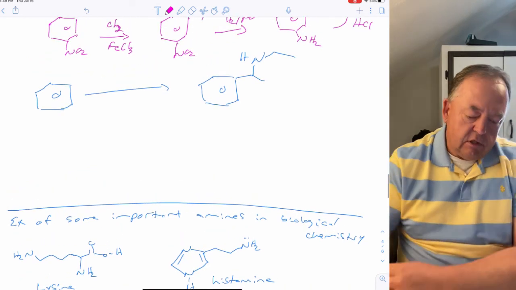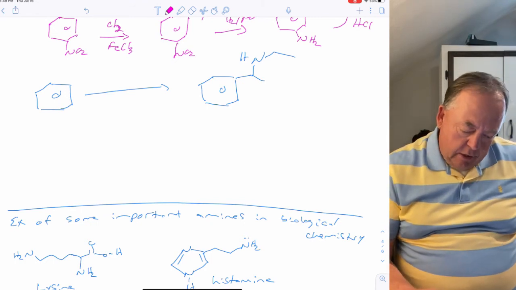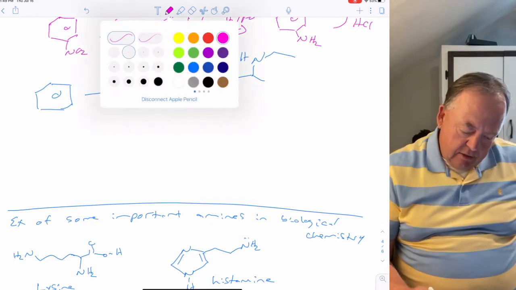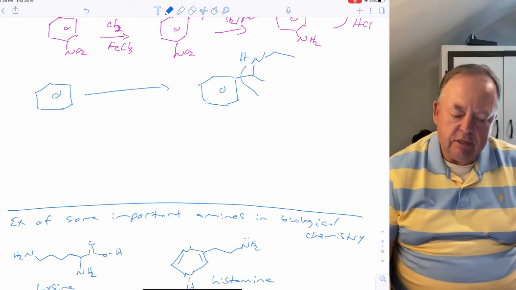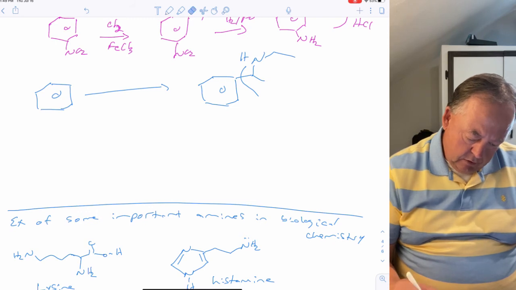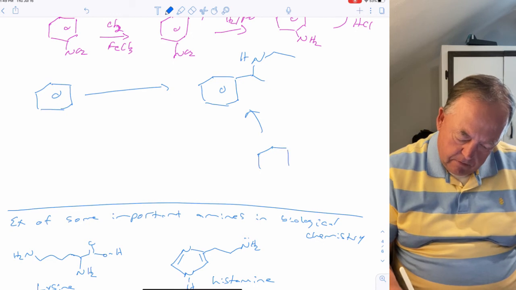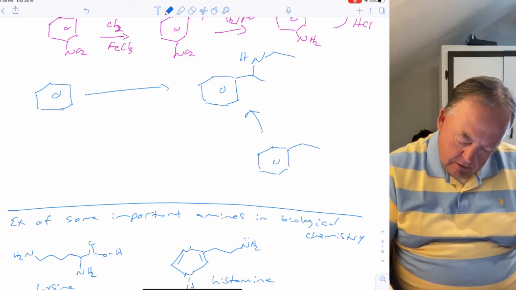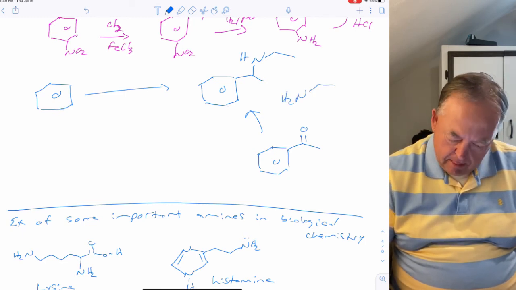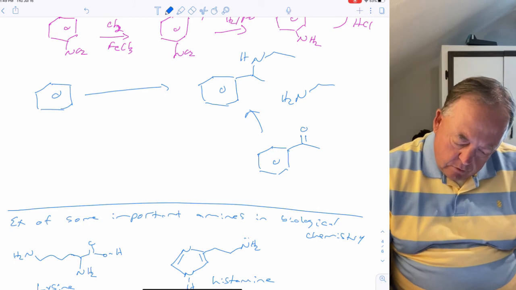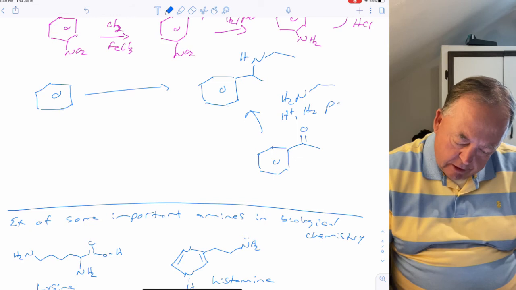Okay, one more synthesis problem for you. If we wanted to start with benzene and make this molecule, no, we have not seen a reaction that will just make this bond for you and put all of that group on there, so we need to do this stepwise. So we could have made this if we had this ketone and we had this amine, by reacting with H+, H2, and palladium, right?